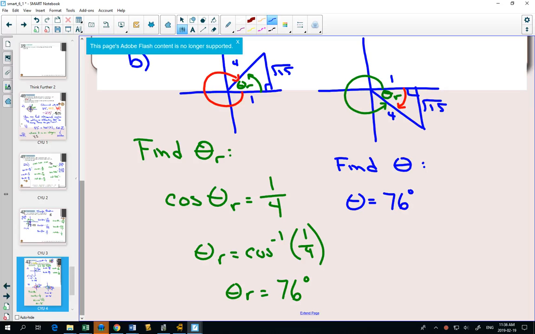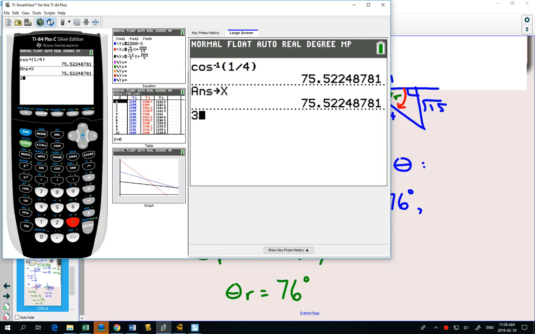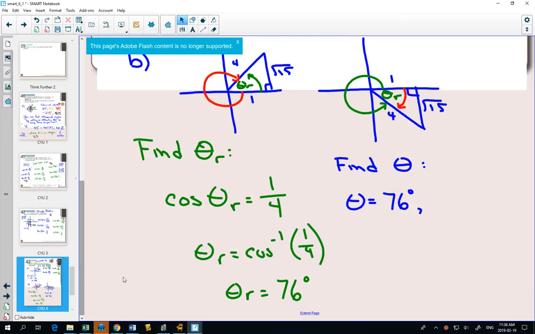My other positive one is going to be this one in quadrant 4. Can you see that if you took all the way around 360 degrees and subtracted your reference angle, you would get your answer? So what I can do on my calculator is 360 minus 76, because my reference angle was 76, and get 284 degrees.